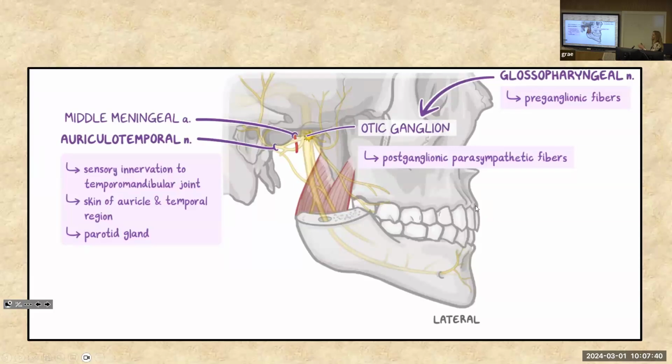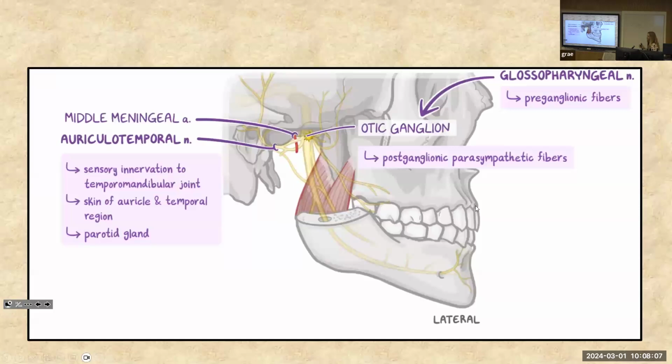And I remember that Dr. Nodcott talked about this course of cranial nerve 9 sending presynaptic fibers to the otic ganglion, and that those fibers, in his words, took an Uber ride with the auriculotemporal nerve to be able to reach the parotid gland. So I'm just reviewing. This is not new. I'm just reiterating something that we will see.